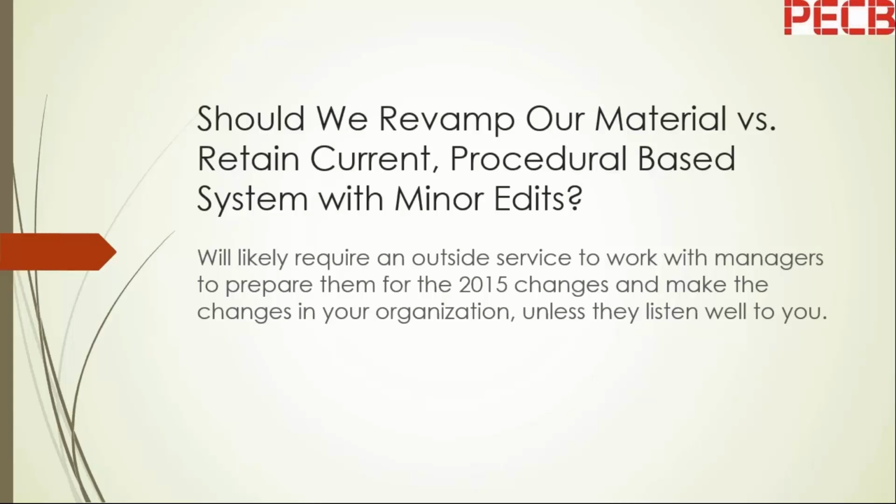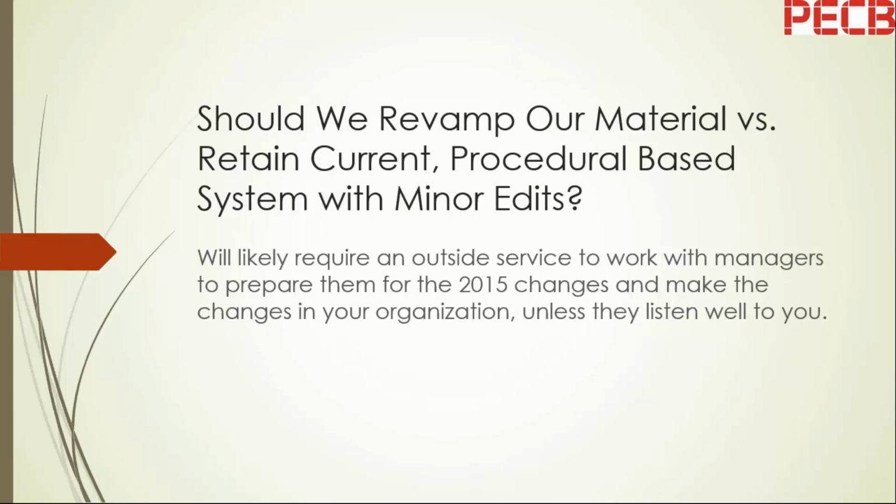Please do not listen to those who are saying, and there are a lot of people out there right now saying to you, that you don't need to do anything much to update to the 2015 standard except to think about risk and put together a risk table. Those people are leading you down the wrong path.